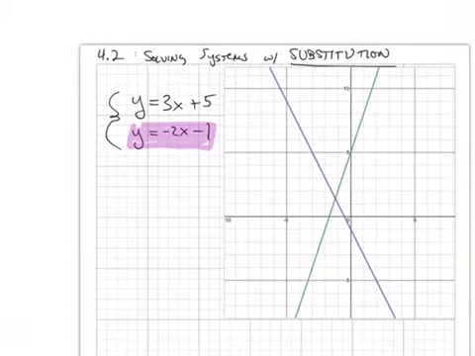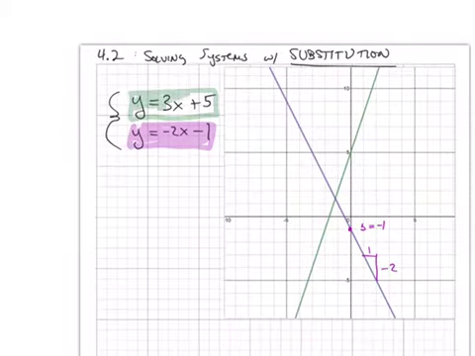You can see the y-intercept of negative 1 and the negative slope, negative 2 and 1. In green, I've got a positive slope, a y-intercept of 5, and a slope of 3. So I've graphed these two lines.